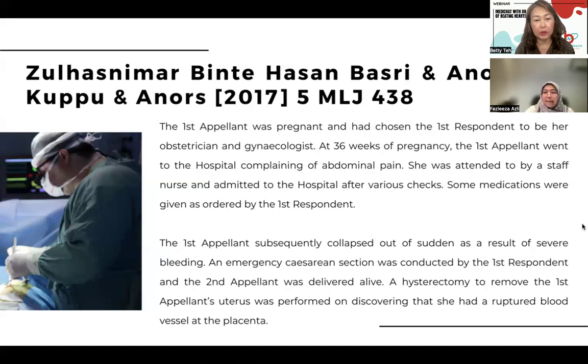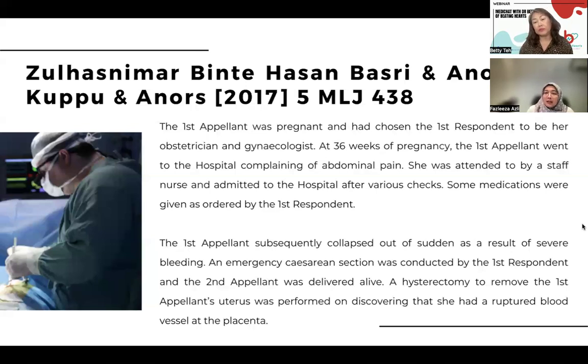That's correct. And when she had abdominal pain, she also went back to Dr. Kuppu? Yes, correct. So she did the right thing. She had follow-up, she went to her own doctor when she had abdominal pain.